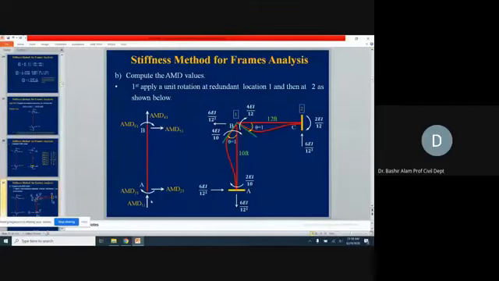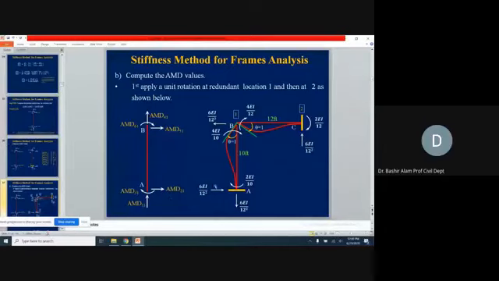Looking again at the AMs, you write down the AMDs accordingly: AMD 1,1, 2,1, 3,1, 4,1, 5,1, and 6,1. AMD 1,1 is minus 6EI over 12 square, because it is in the opposite direction of AMD 1.